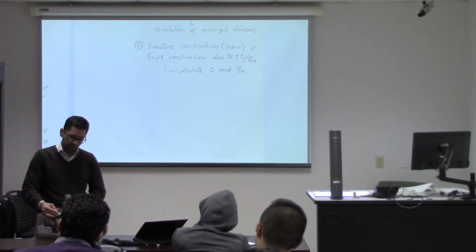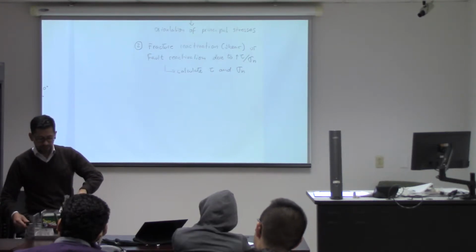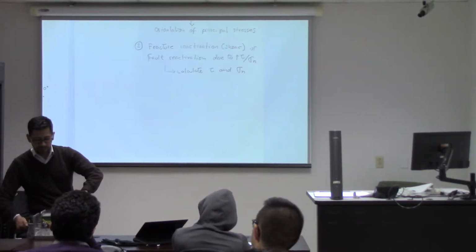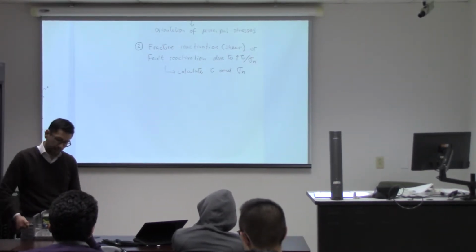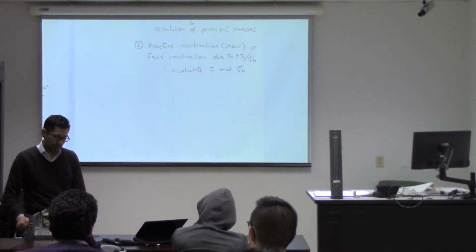And if we have normal faulting, the fracture or the fault or the block slips down in the normal direction. If we have it in the other direction, the block moves up, the hanging wall relative to the footwall.